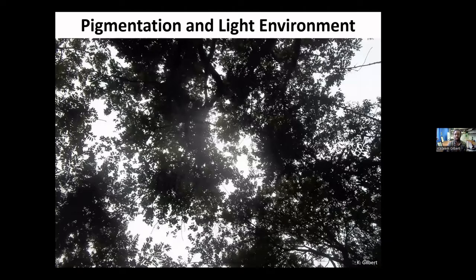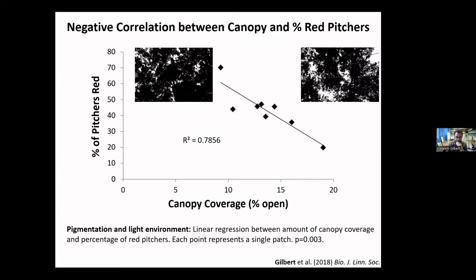So to do that, I went back to my same plots in Singapore, and I estimated how much canopy coverage there was over each of the individual plots. So basically I just took an image like this and then calculated the white area. And I did find quite a strong relationship, as you can see here, between the proportion of red pitchers at a site and how open the canopy is.